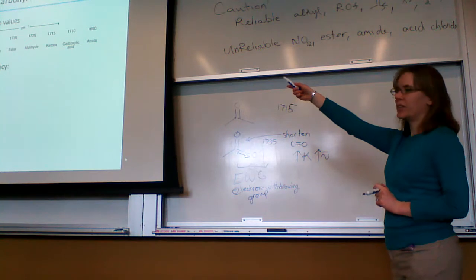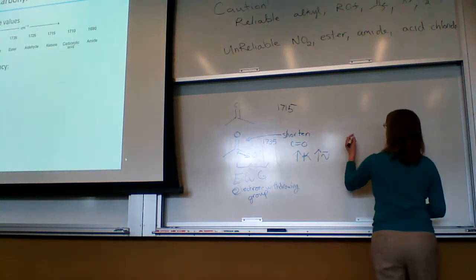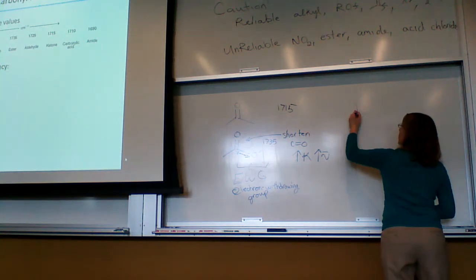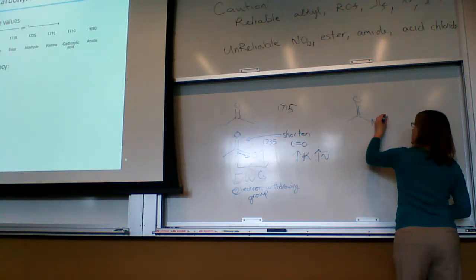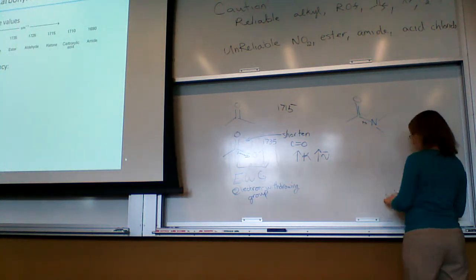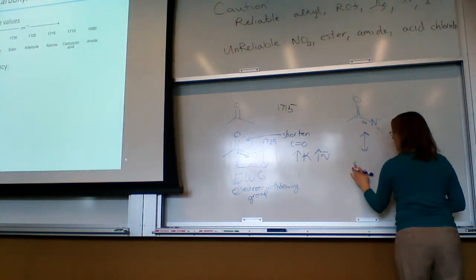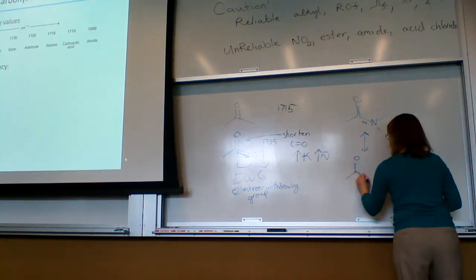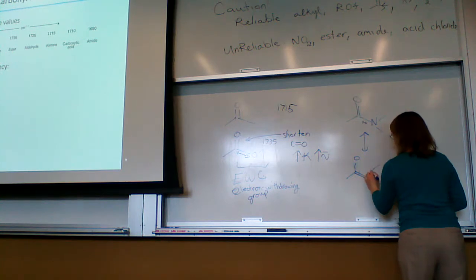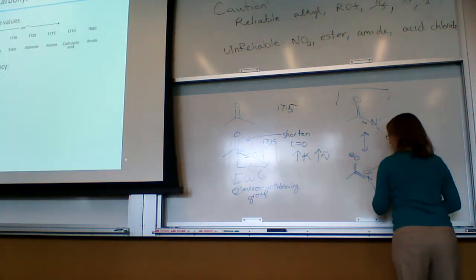The amide, though, is all the way down at 1690. That's because even though the amide has a nitrogen attached to it, it's not quite as electron withdrawing. So even though there's a slight electron withdrawing effect, there is a strong contributor to resonance, where we put a positive charge on the nitrogen and a negative charge on the oxygen.